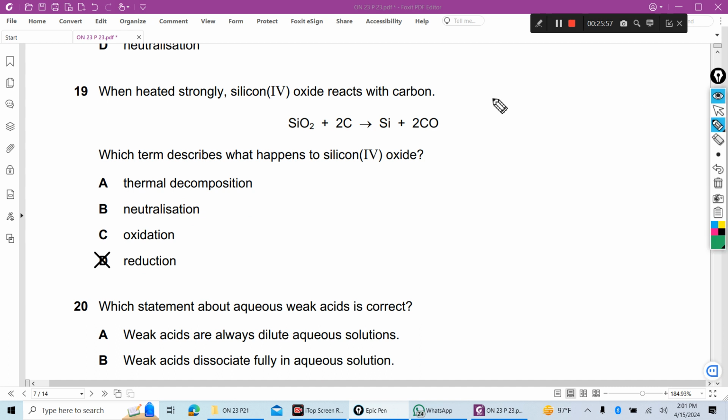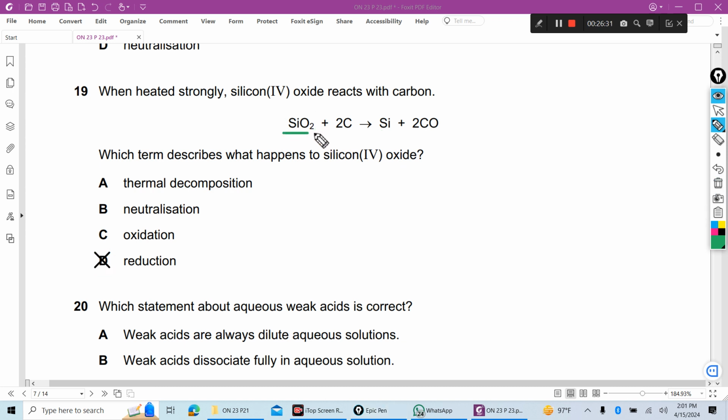19. When heated strongly, silicon(IV) oxide reacts with carbon to produce silicon and carbon monoxide. Which term describes what happens to silicon dioxide? You see, silicon dioxide is converted to silicon, that means silicon dioxide loses oxygen, so silicon dioxide is reduced, meaning reduction.